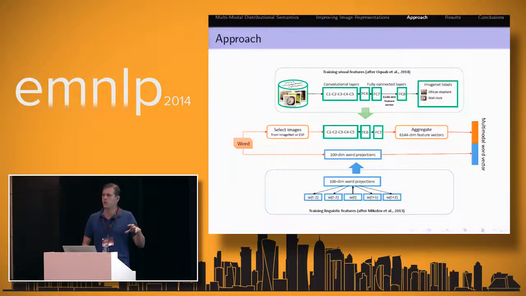Your first question is about the context. I think you mean when you have overlapping text and image data at the same time. People have done work on that, but the benefit of taking them from separate sources is that you just have more data available. Otherwise, you really have to rely just on overlapping image and text sources, and of course, they're not very easy to get. So it's just to get more data.